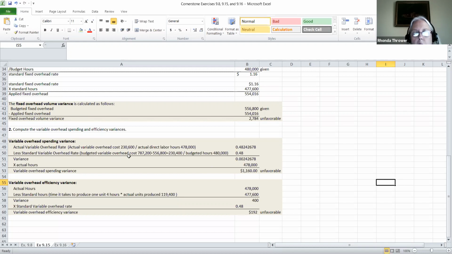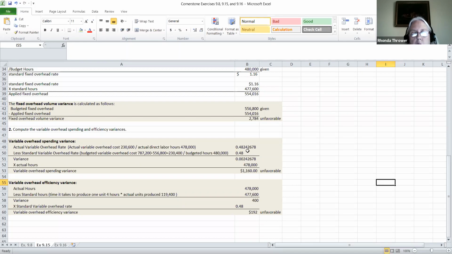Your budgeted variable overhead cost, we had to determine that. The total overhead cost was $787,200. They gave us our fixed overhead cost. So if you subtract those, it'll leave you with the variable overhead cost. Once you have your variable overhead cost, you're going to divide it by your budgeted hours, and that gives you an even 48 cents.